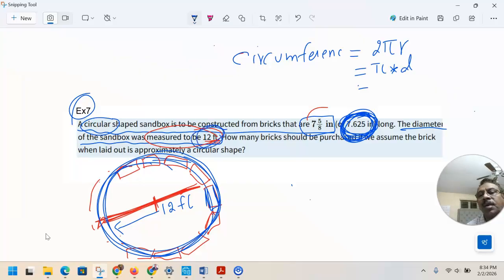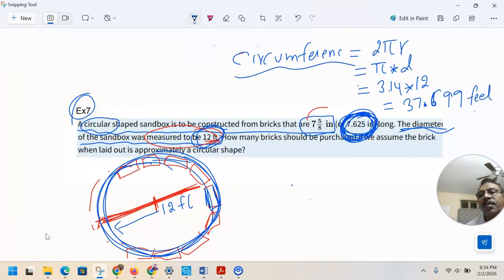Pi is 3.14, and multiplying by 12 feet, you get 37.699. This is in feet, so we have to convert this circumference to inches.